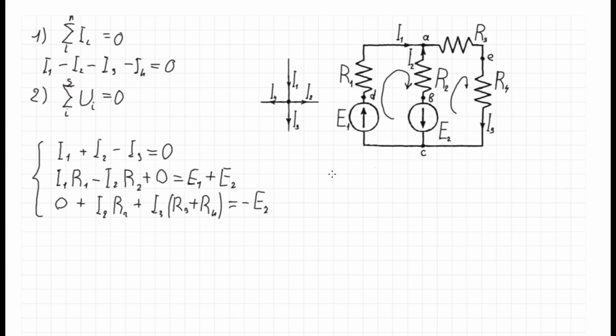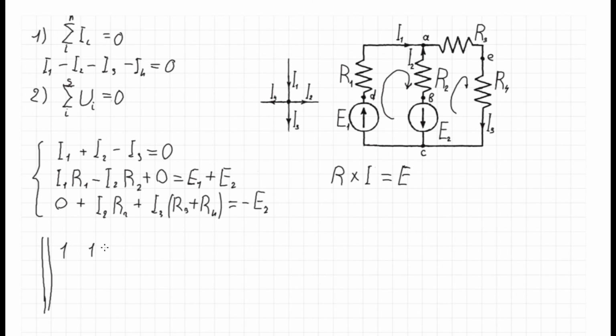It will seem like this: the matrix for resistances multiplied by the matrix for currents equals the matrix for electromotive forces of our circuit.